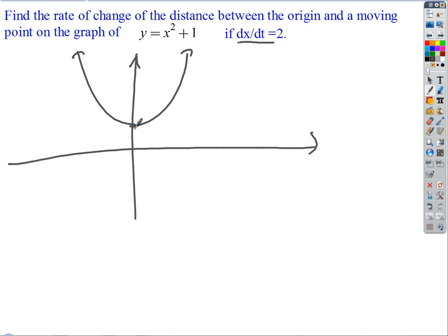If it's moving horizontally, from left to right, so that its x component is always moving at the same speed, what's that tell you about the y component? It's not going to be constant. It's going to be speeding up quite a bit, isn't it? Let's pretend these units are centimeters and seconds.